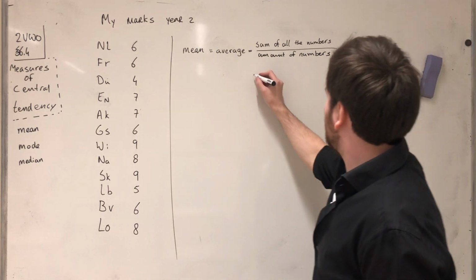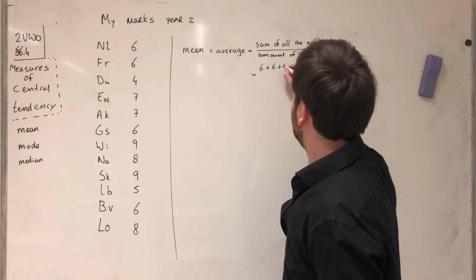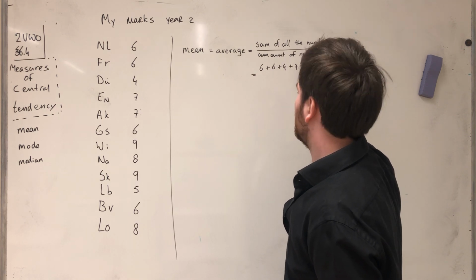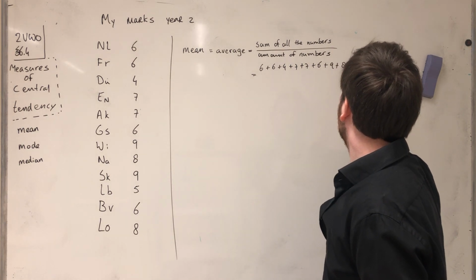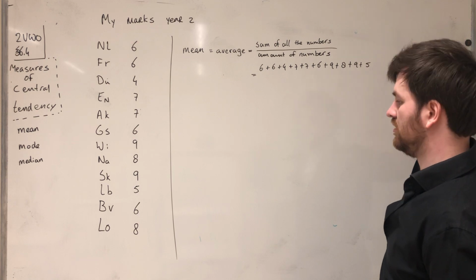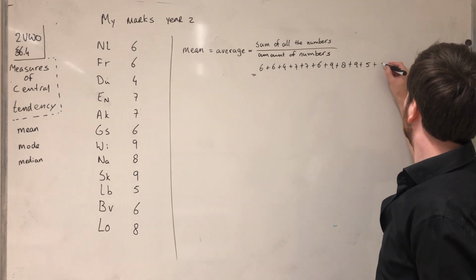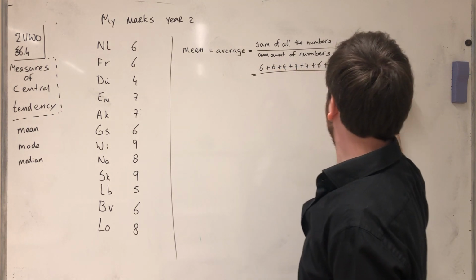So in this case it's 6 plus 6 plus 4 plus 7 plus 7 plus 6 plus 9 plus 8 plus 9 plus 5 plus 6 plus 8. And this is pretty realistic, I think.